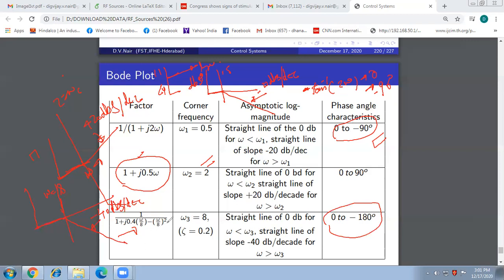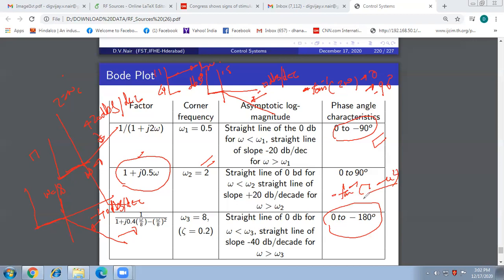You have to simply take, for this case, minus tan inverse of imaginary by real.